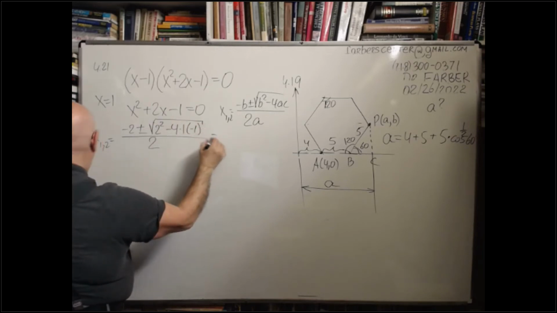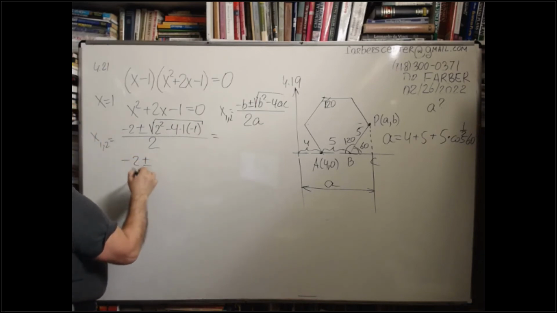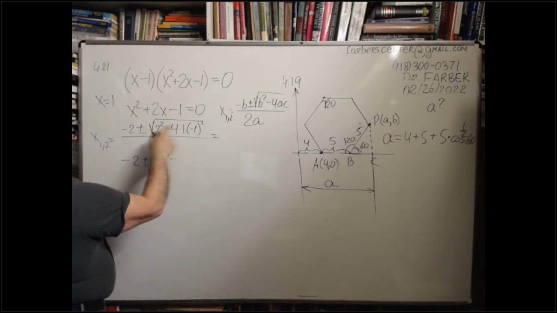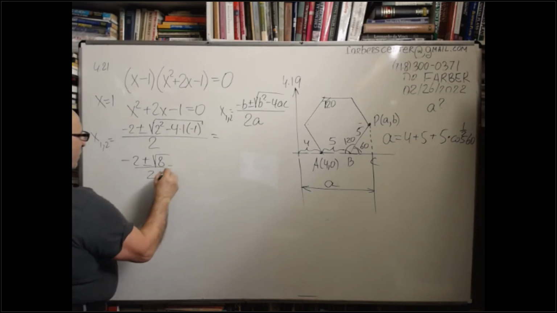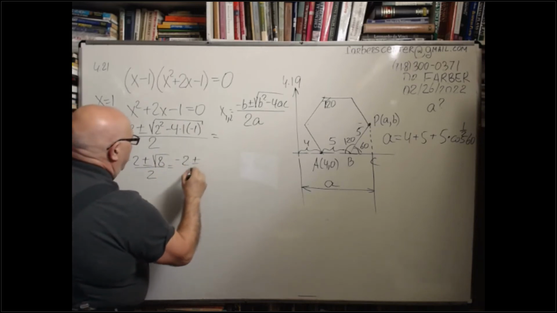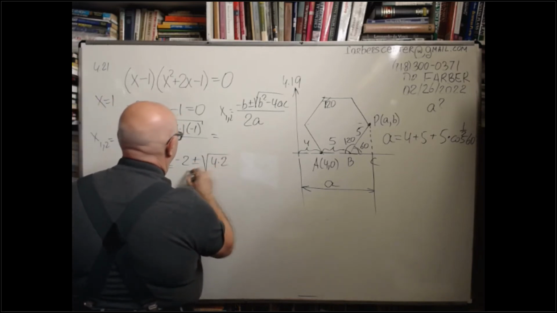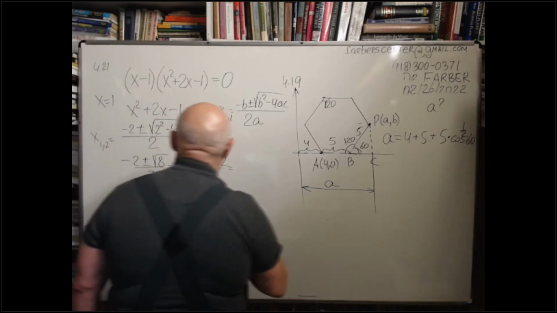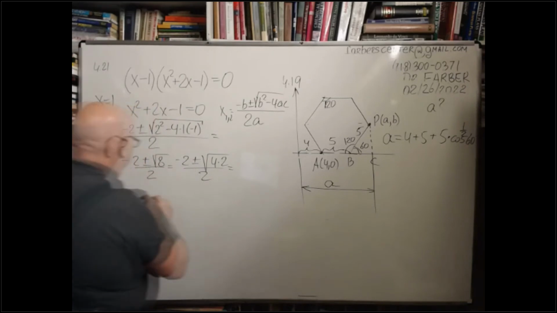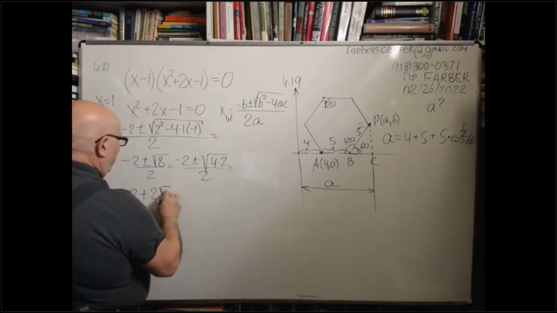Which is negative 2 plus or minus square root of 4 plus 4, 8, divided by 2. Or negative 2 plus or minus square root of 4 times 2, the greatest perfect square, divided by 2. The square root of a product equals the product of square roots. It equals negative 2 plus or minus square root of 4 is 2, square root of 2, over 2.